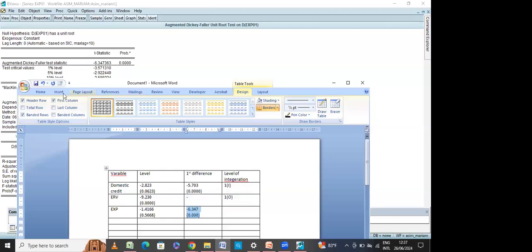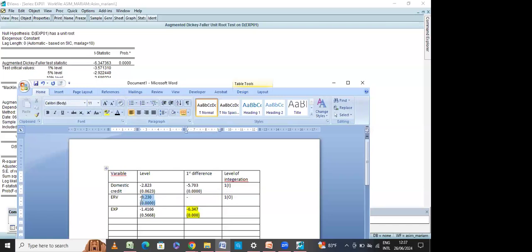So see here, I can put colors for you, so you will understand my order of integration better. Here I have one order of integration: at level it means this, and at first difference it means this. Now let me proceed with the other variable.